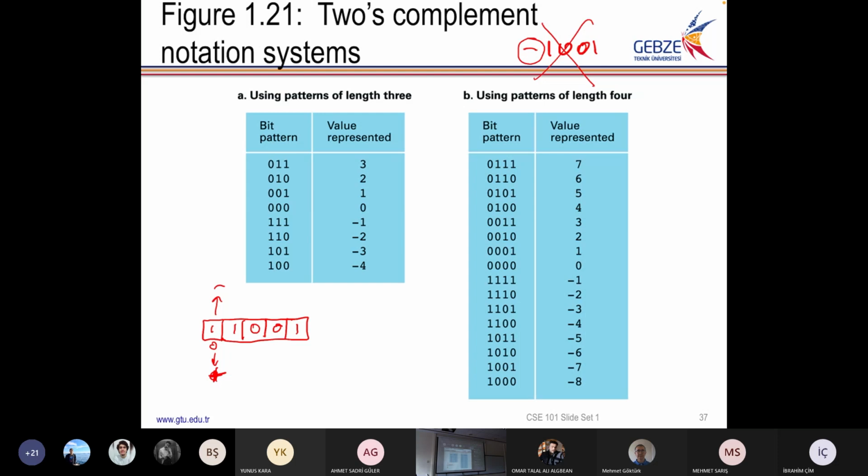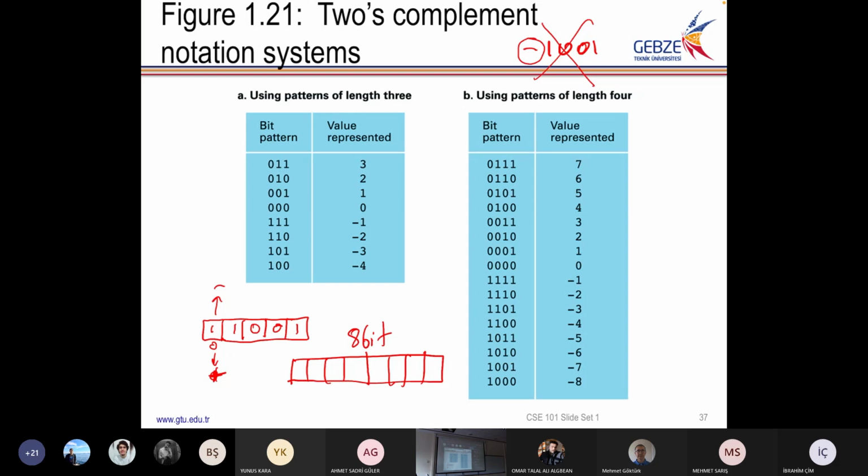So of course, the architecture of the computer is, for example, 8-bit. If you have 8-bit memory, and if you want to store negative and positive numbers, right? Eight-bit.